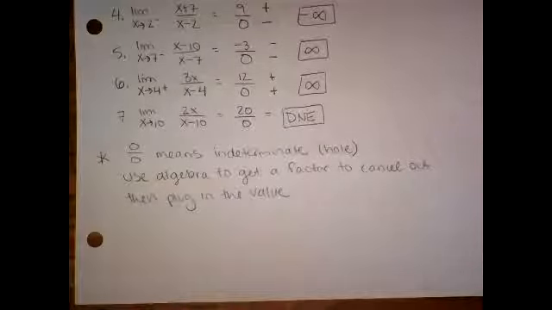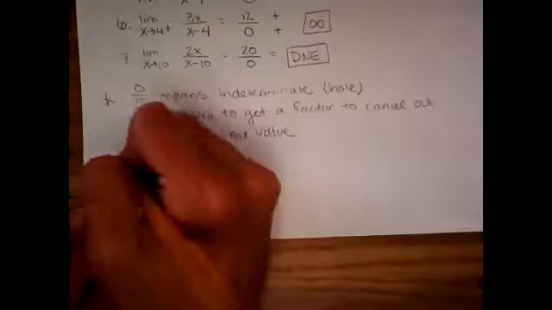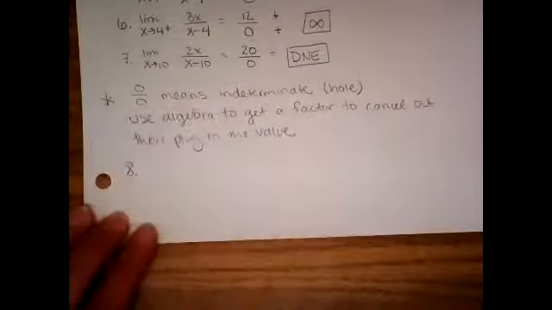Once you get something to cancel out, then if it's x approaching 2, just plug in 2, whatever the number is. These are the most annoying ones, just as a heads up, because algebra is what gets everybody. So you got to have good algebra skills. And they're the most work because you have to actually manipulate it until you can get something to cancel.